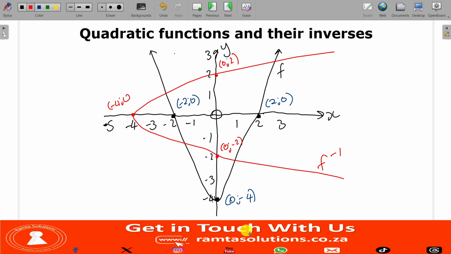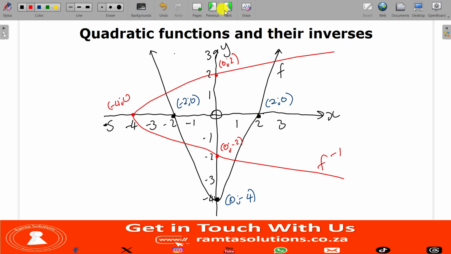As you can see, when you look at it, this inverse is not a function. Why? Because one x value has two y values. Therefore, it is not a function. So this is you, given a graph, drawing the inverse of your function. But this inverse is not a function.